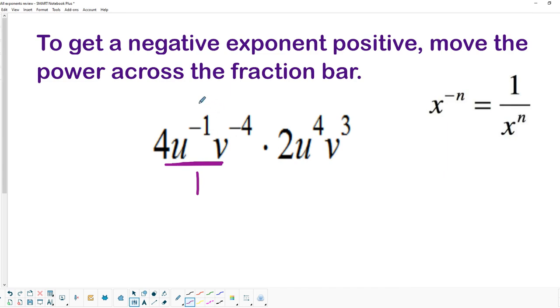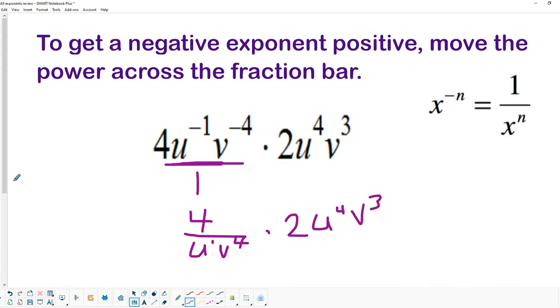And we look at these two and we say, hey, if we can move those across the fraction bar, we can change those to positive exponents. So if we do that, we end up with 4 left on top, and u to the first, v to the fourth on the bottom. And then if we multiply that by 2, u to the fourth, v to the third, what's that going to look like?